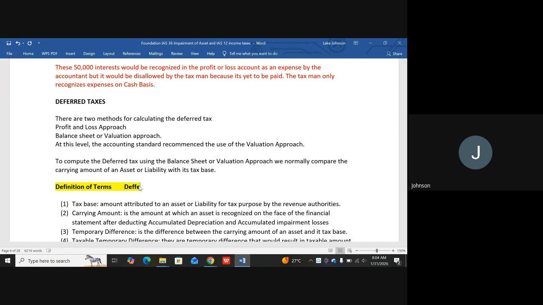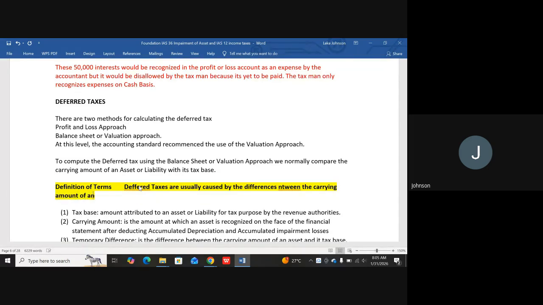Deferred taxes are usually caused by the differences between the carrying amount of an asset and its tax base.